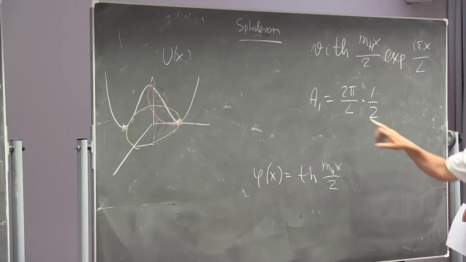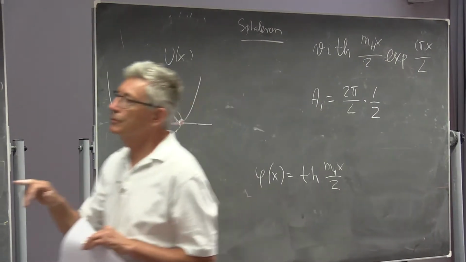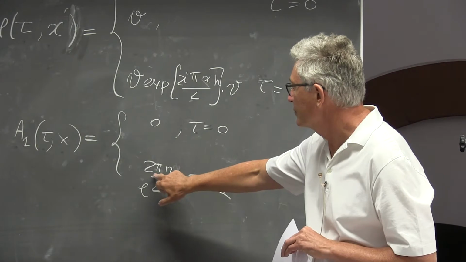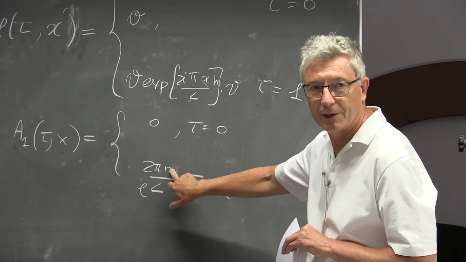A1 was equal to 0 initially, and finally it was 2 pi n over L. So I'm taking n equal to 1.